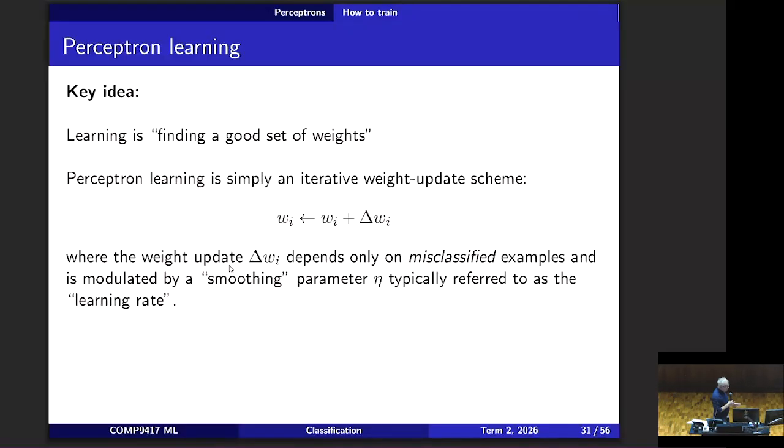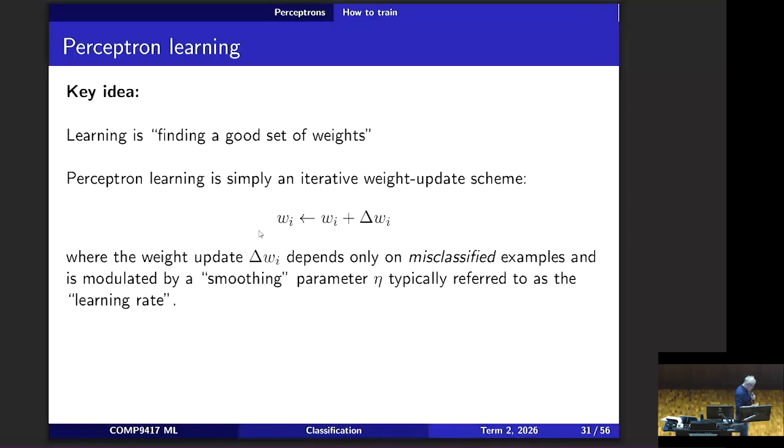So how do we learn a perceptron? Well, simply by learning a good set of weights. We know it's a linear model, and we know how to learn weights for linear models. We've seen it for regression. The perceptron algorithm is actually quite interesting, though. It's not exactly the same as the approach taken in linear regression.